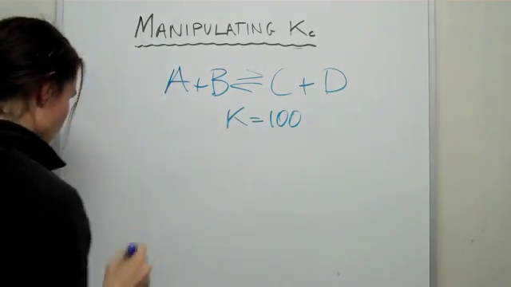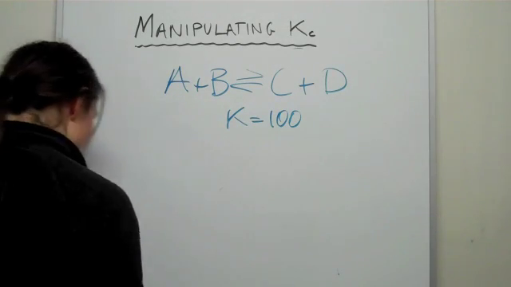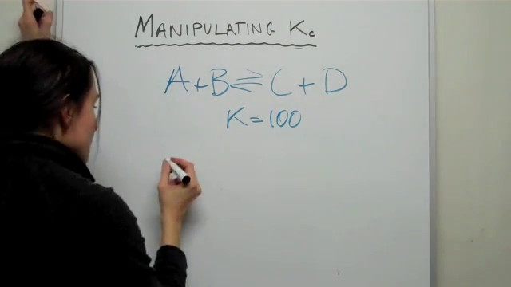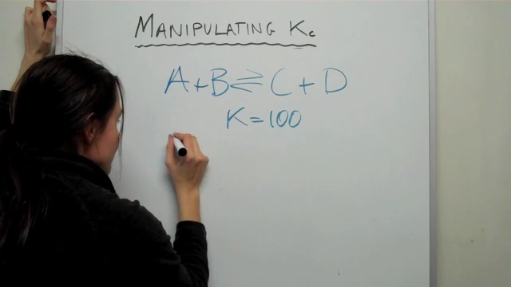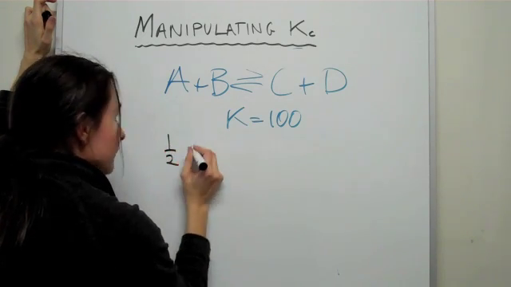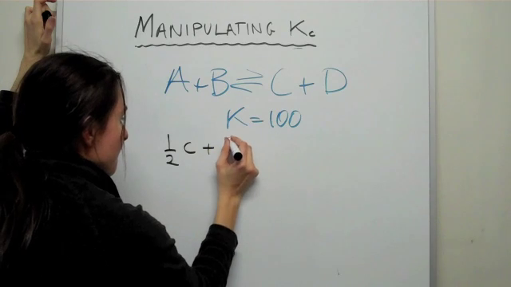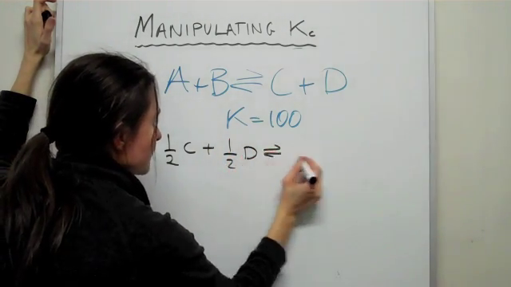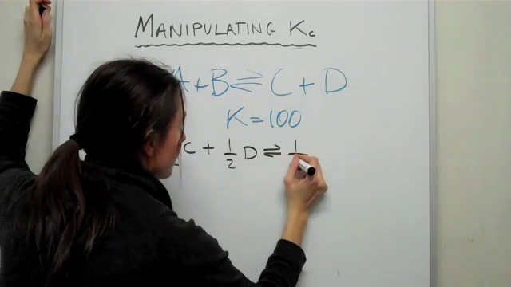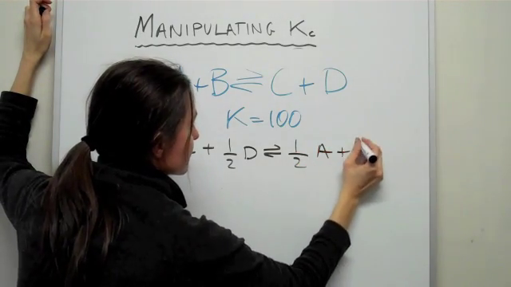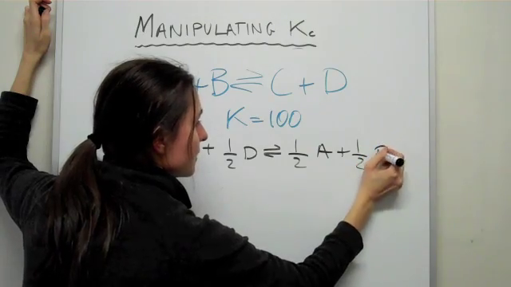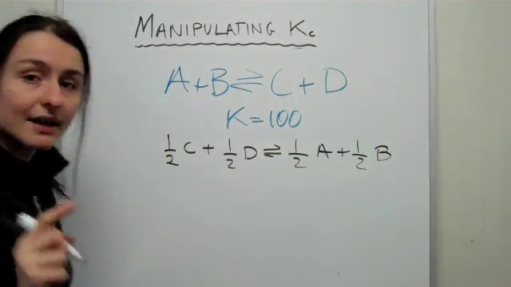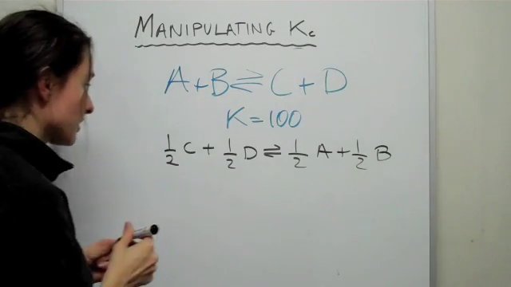It's not always, but you can change it. Now we want to figure out the K value of this equation, which gives us half A plus half B. As you can see, two changes have occurred to this equation.